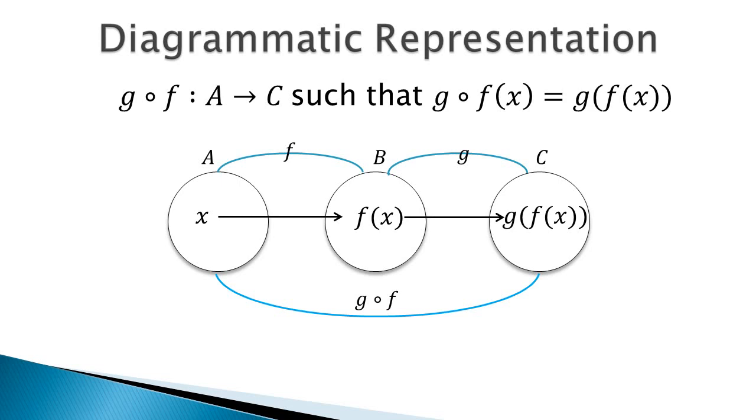We have seen that x has been mapped onto the element g of f of x in two steps under the functions f and g, which can be combined into a single function such that x is mapped onto g of f of x directly under the function g of f, and that g of f is called the composition of the two functions.